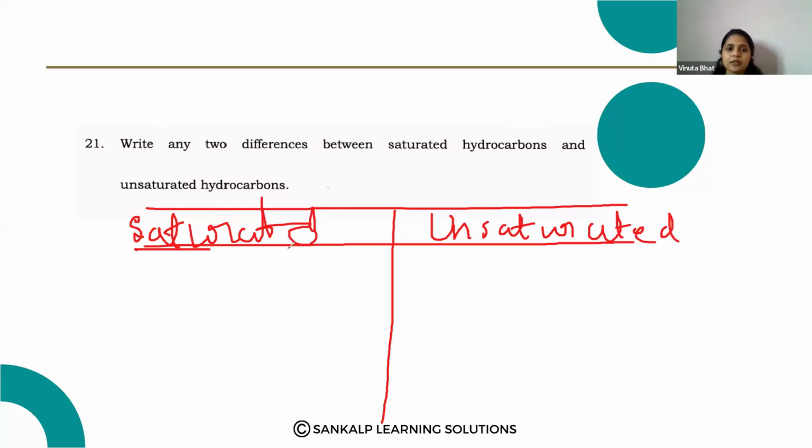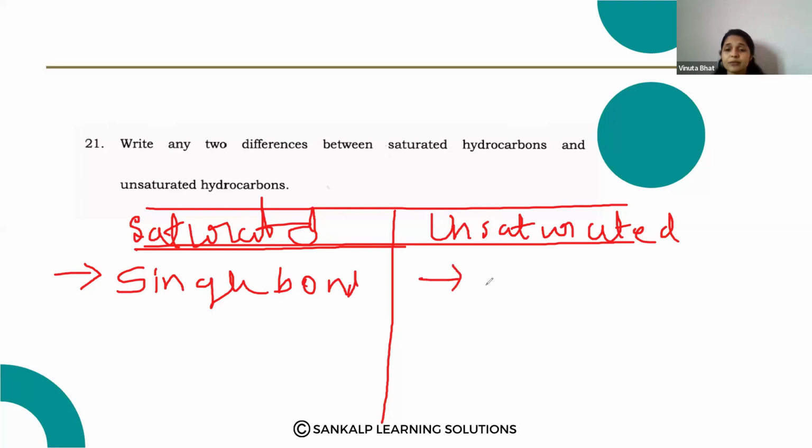In saturated hydrocarbons, between the carbon atoms, a single bond is present. Carbon valency is fulfilled by only single bonds.